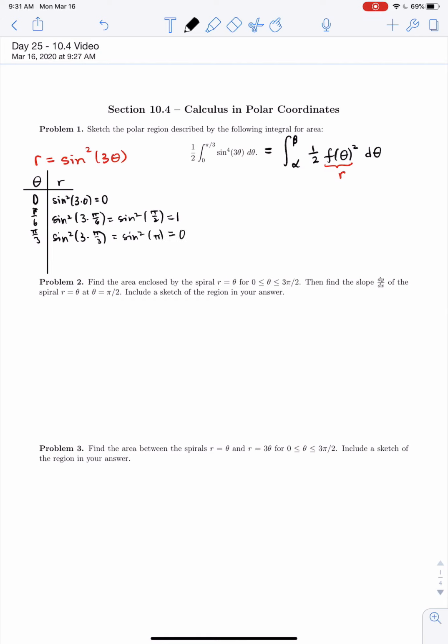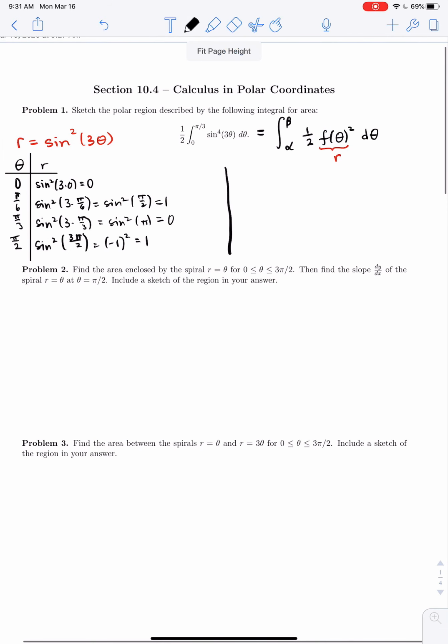And we could keep plotting just so we have an idea of what this thing looks like. Pi over 2, you're going to be looking at sine squared of 3 pi over 2, which is -1, but we're squaring it, so we get a +1. So in general, this is going to be what's called a flower or a rose with 6 petals.